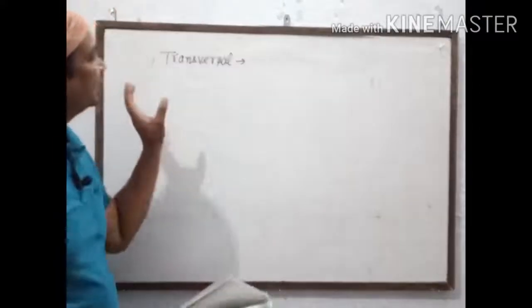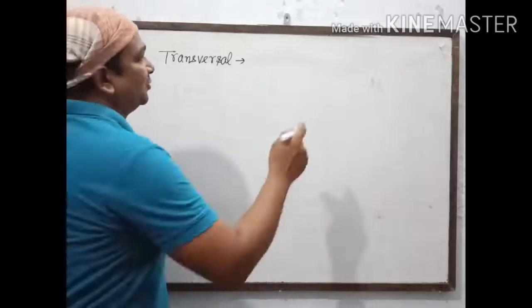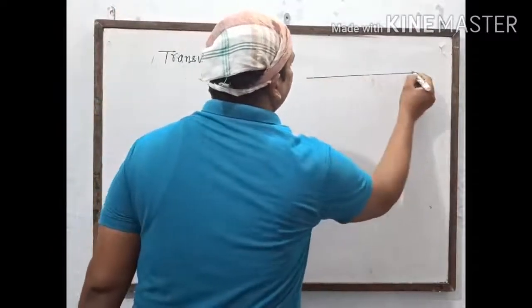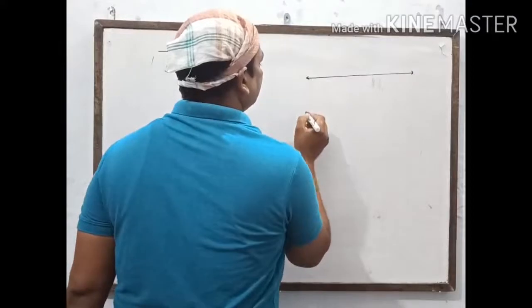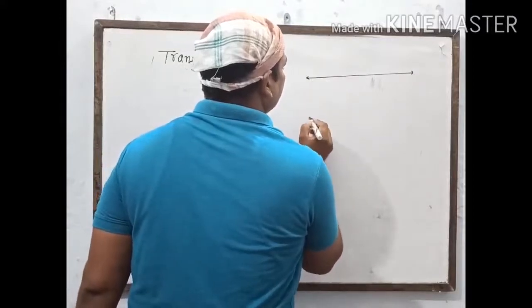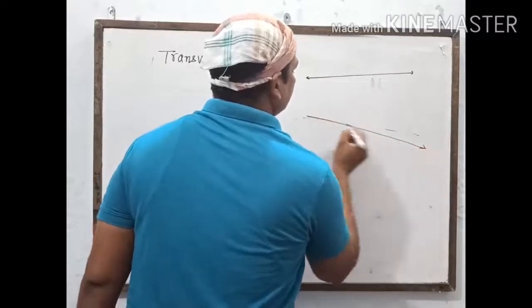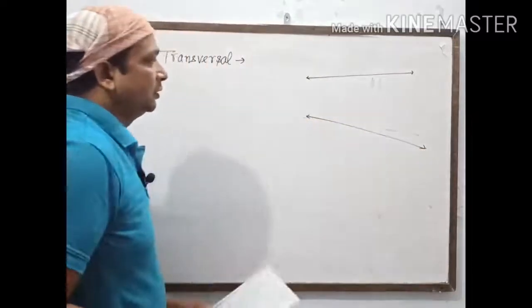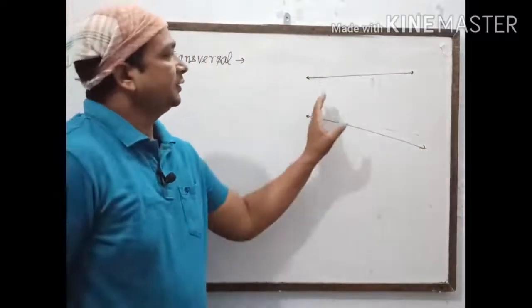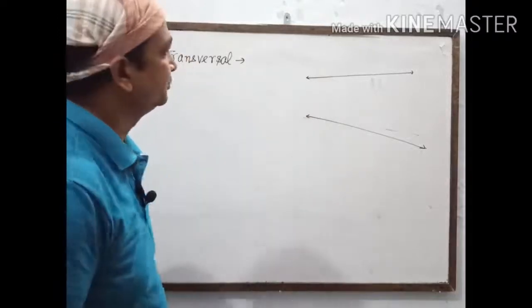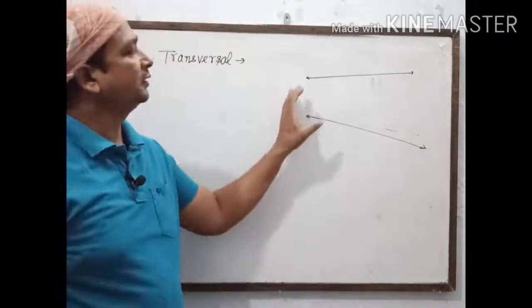To understand transversal, I would like to draw straight lines. I draw here a pair of straight lines, two straight lines. This is non-parallel.